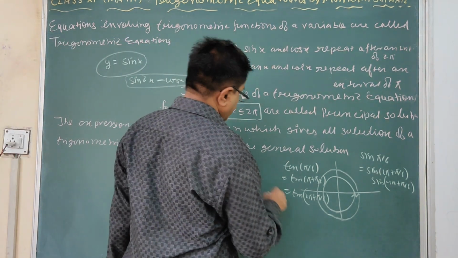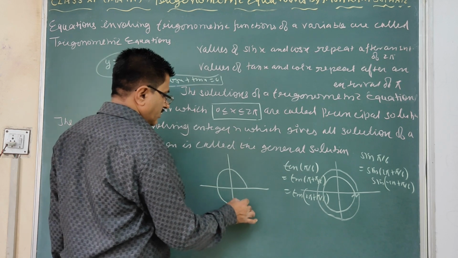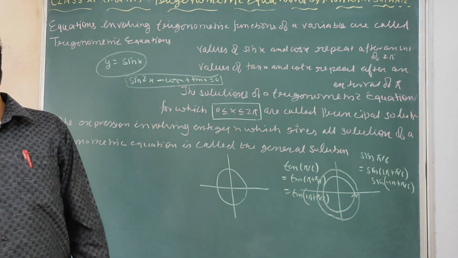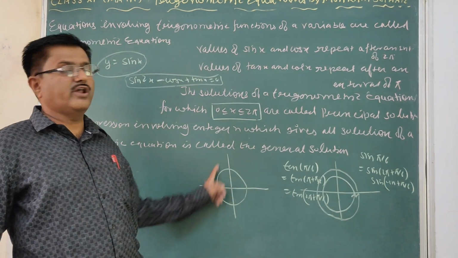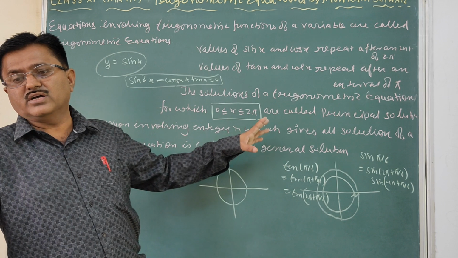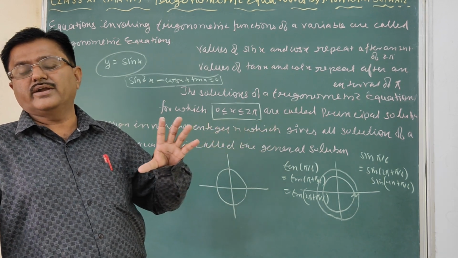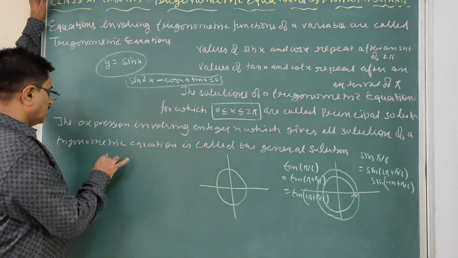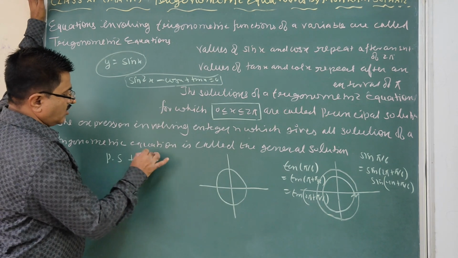So for the principal solution, we take only one round. That is the principal solution of the trigonometric equation. But if you take a second round, third round, or another round, then we consider another type of solution, that is known as the general solution. So there are two solutions: the principal solution and the general solution.